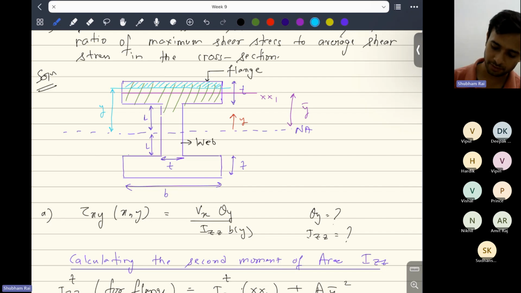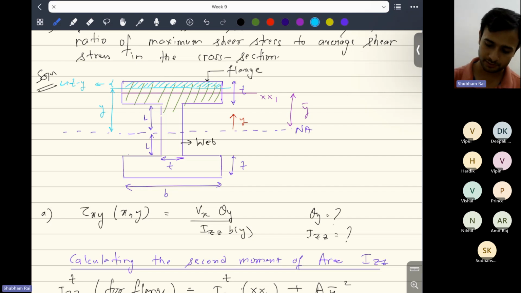Area of the shaded region will be, so this whole distance is L plus T. So this distance left is L plus T minus Y. So this distance I'm just writing here. It will be L plus T minus Y from the neutral axis, right?